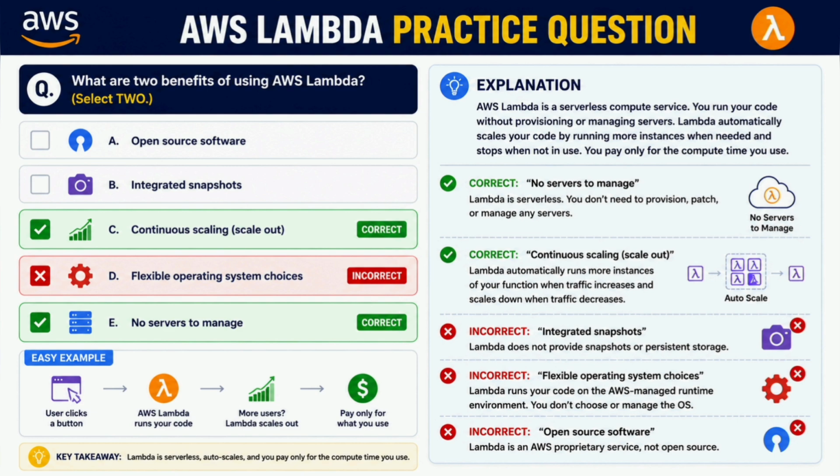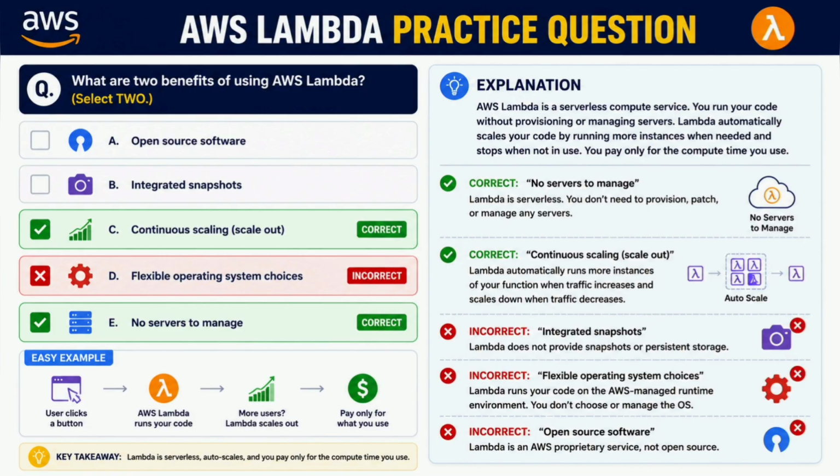An easy example: suppose a user clicks on a button on a page, at that time AWS Lambda runs your code, and if more users click on the button, then Lambda scales out, and we only pay for what we use. So option C is right.